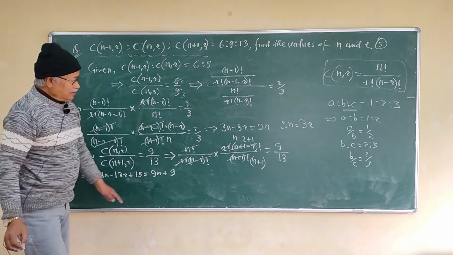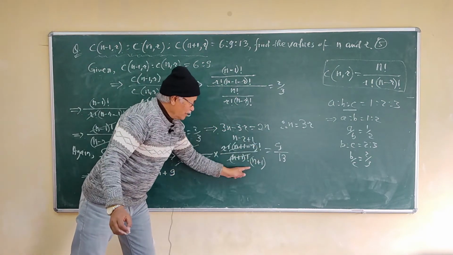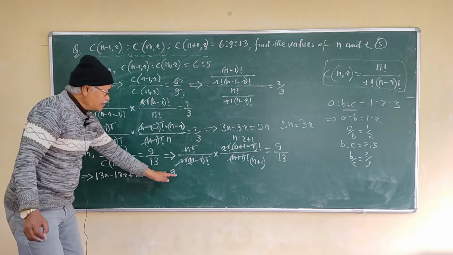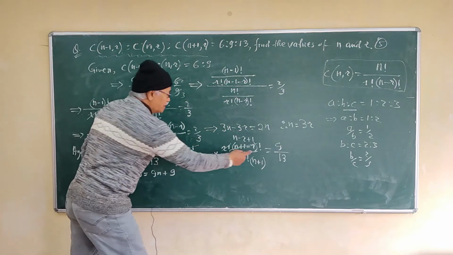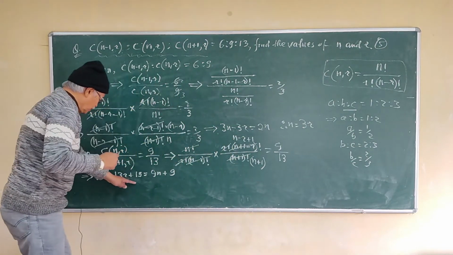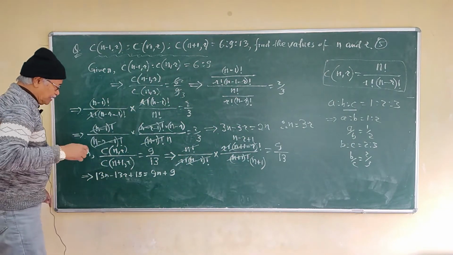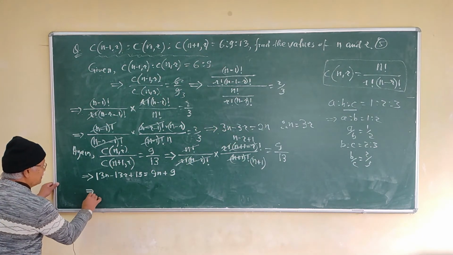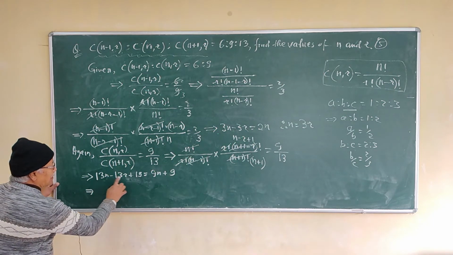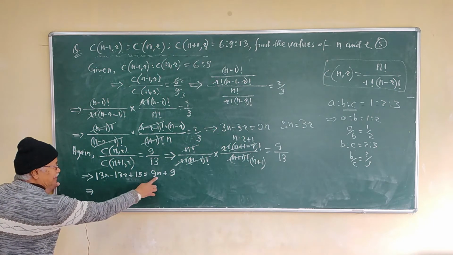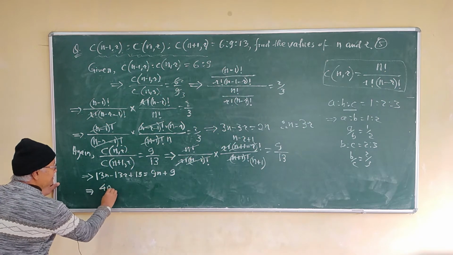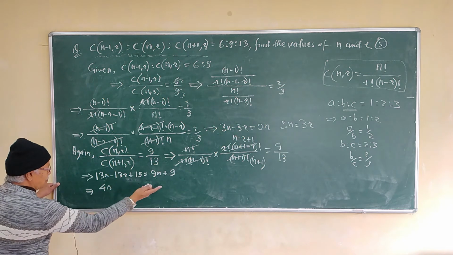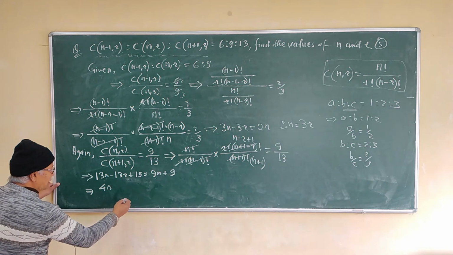You have multiplied by 9 this one, 9n plus 9, and this 13 is multiplied by this one, so you got all this, right? Now you try to see what you can do here. 13n minus 9n, that will be 4n.